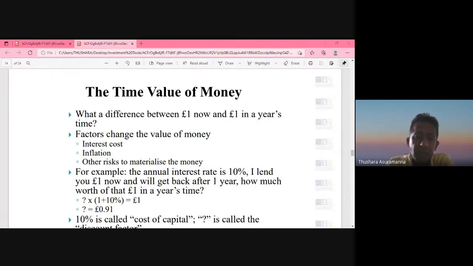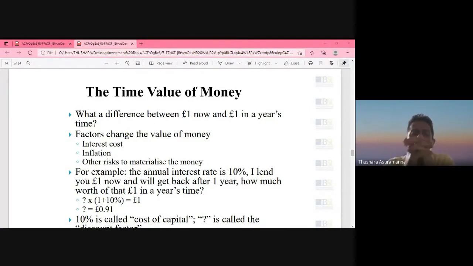Number 3, there are other risks to materialize the returning of the money. Yes, you give 100 rupees to a friend, but after 1 year, we don't know what would happen. Whether he can return it, what his investment scenario is, or some other factors like COVID or whatever, these things could hamper getting that money back.